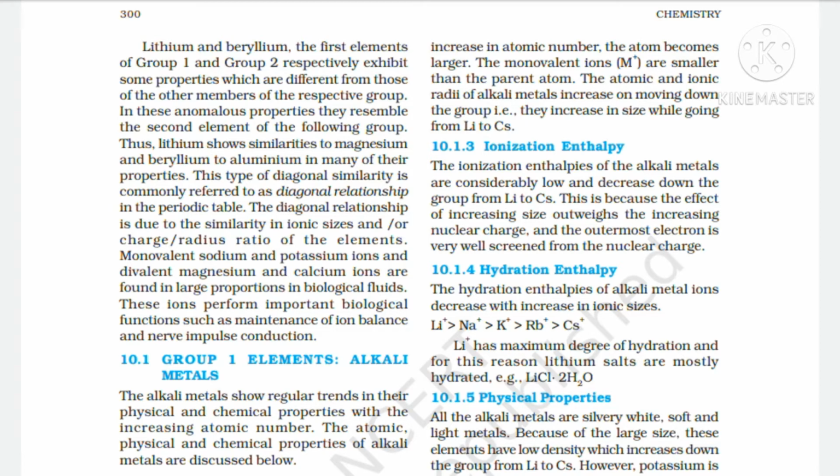Potassium: violet, wavelength 766.5. Rubidium: red violet, wavelength 780.0. Cesium: blue, wavelength 455.5.